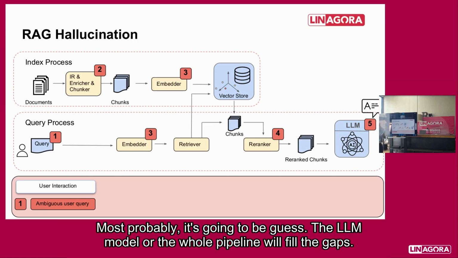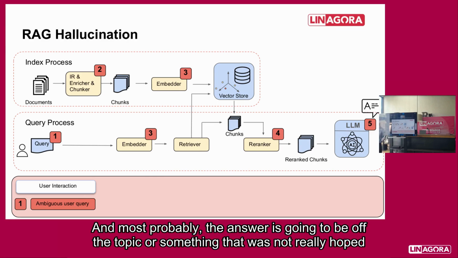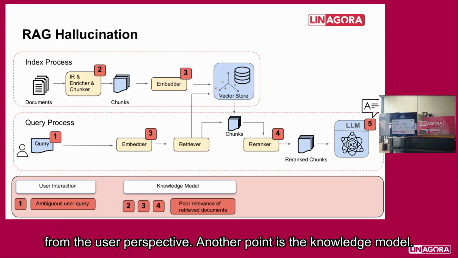Most probably it's going to be a guess. The LLM or the whole pipeline will fill the gaps, and most probably the answer is going to be off topic or something that was not really hoped for from the user perspective.